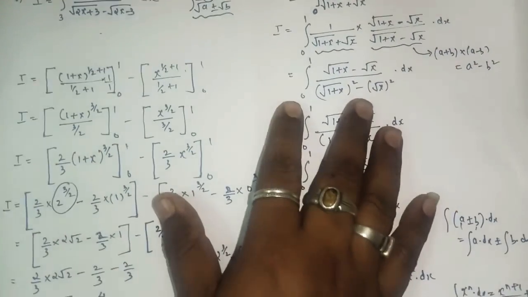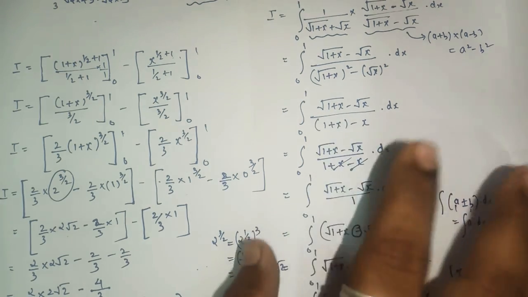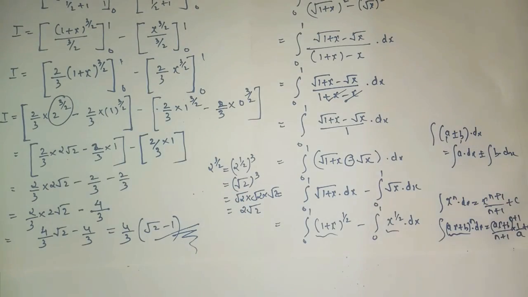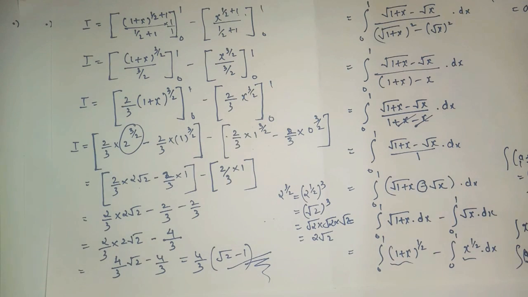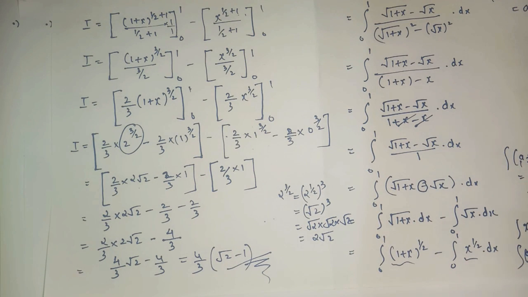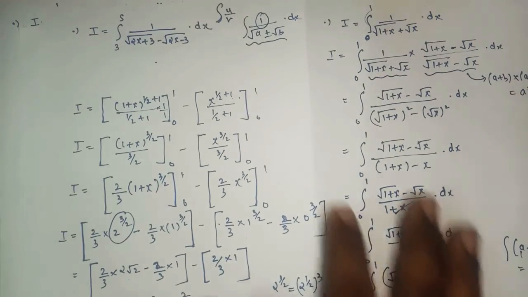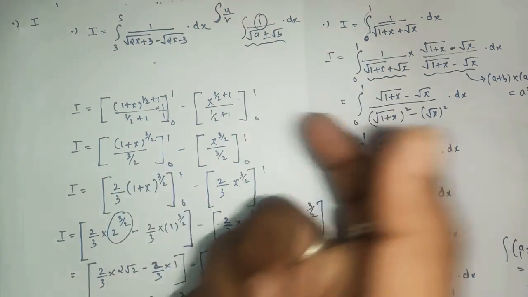From that you can remove the root from the denominator, and after that we know how to solve the basic integral by using the x raised to n formula. Rest, after that we simply replace the value of x by the upper limit and lower limit.